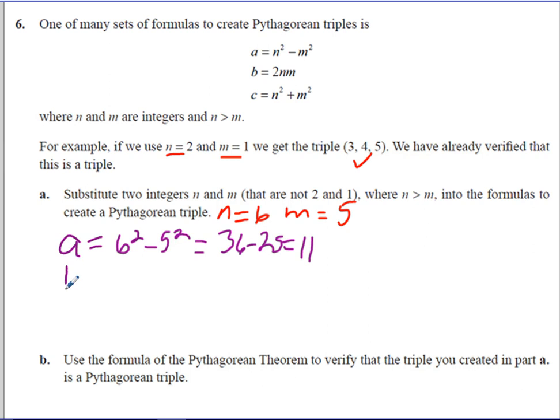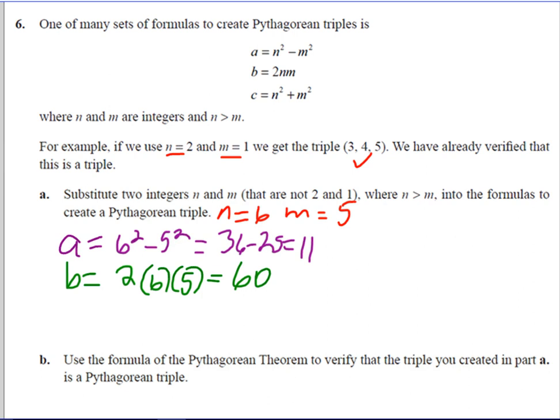Our b value, well, let's use a different color so it's easier to separate it. That is 2 times n, so it's 2 times 6, times m, which is 5. So 2 times 6 times 5 will give us 12 times 5, which is 60.